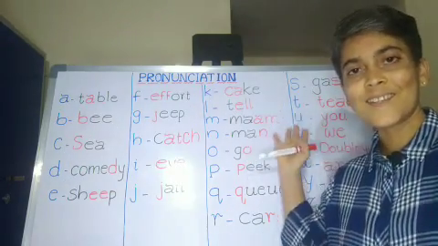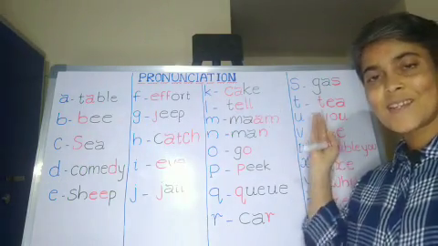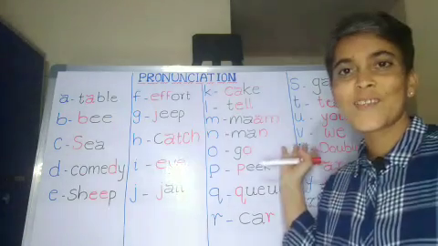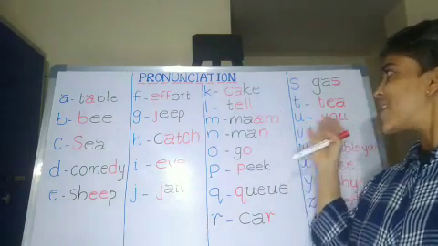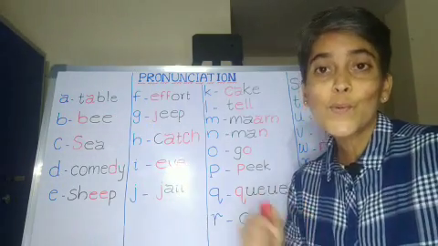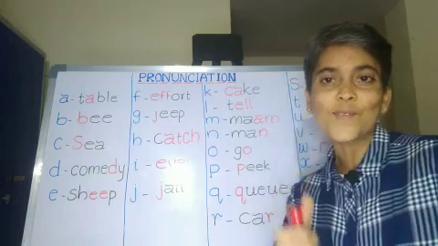U as in you. V as in V. W as in W. Together. Both together you have to say W as in W.